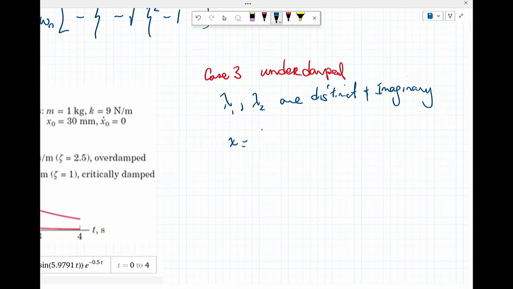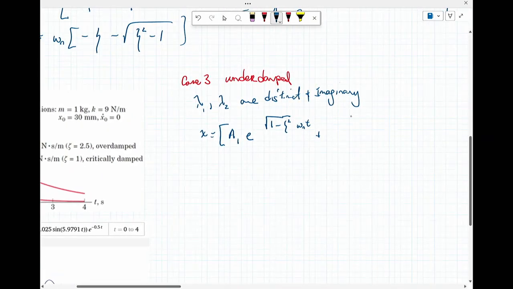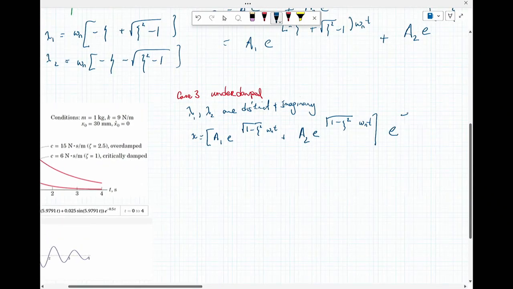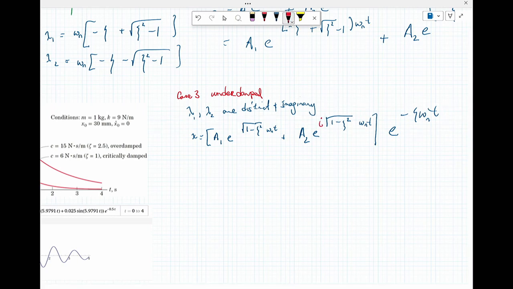So x is equal to a1 e to the power of square root 1 minus zeta squared omega nt, plus a2 e to the power of square root 1 minus zeta squared omega nt, times e to the minus zeta omega nt. And the bit I have to add here is the imaginary bit. So I end up with an exponential solution, but it's an exponential to the power i.